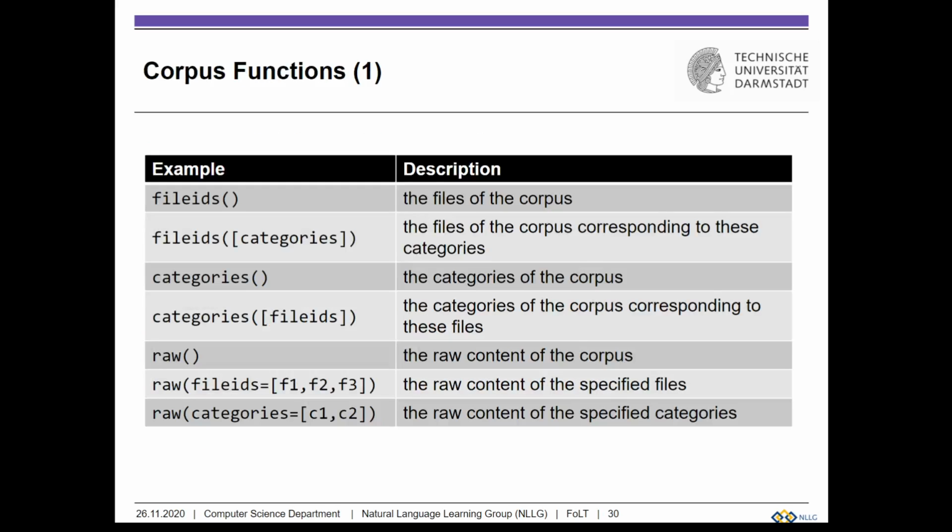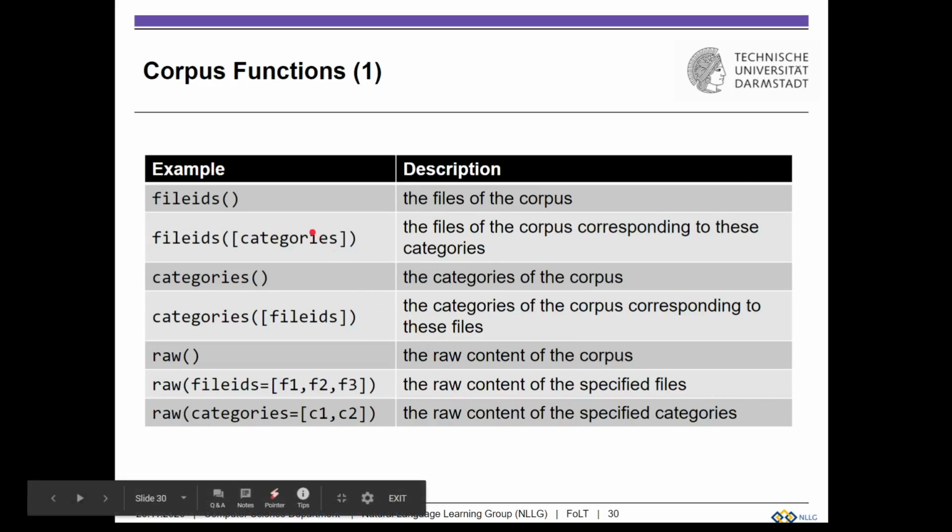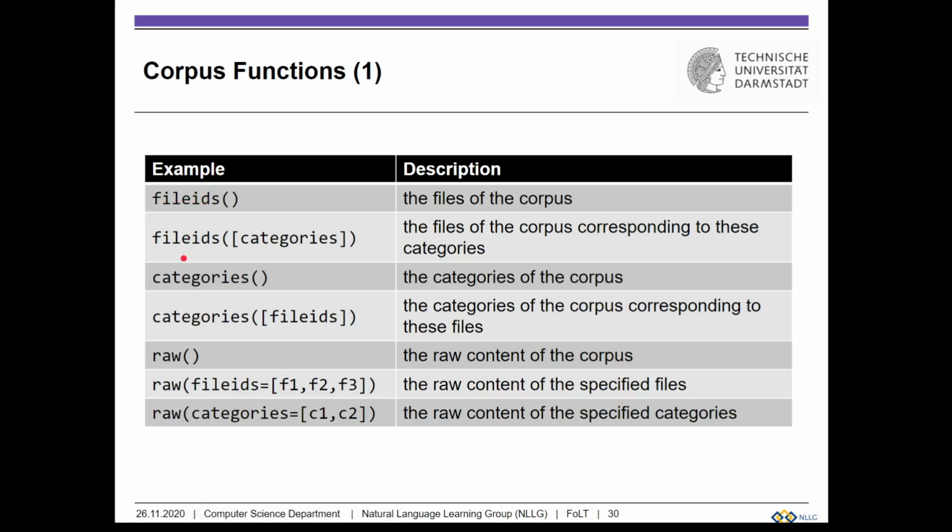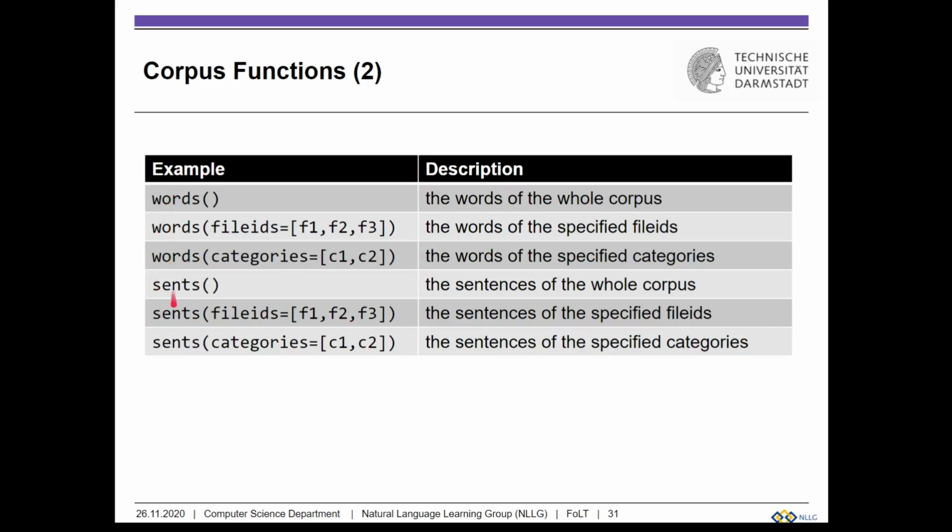So here are the methods and the functionalities that we've seen in NLTK to get the file IDs for a corpus, to get the categories, the class labels, to get the raw text, to get the words and the sentences, and they have different arguments that you can specify. You're happy to do so both in the practice class and in the homeworks and for your own self-study.